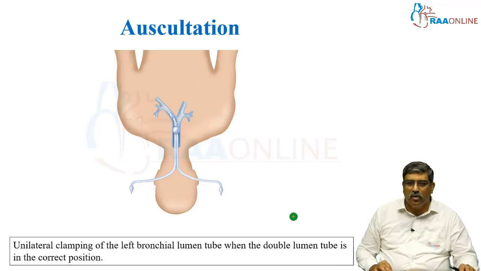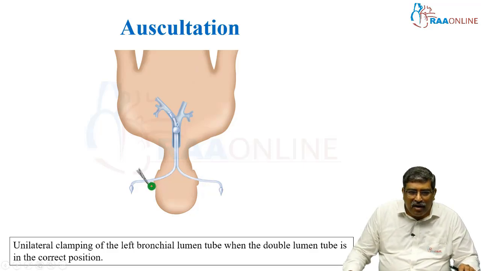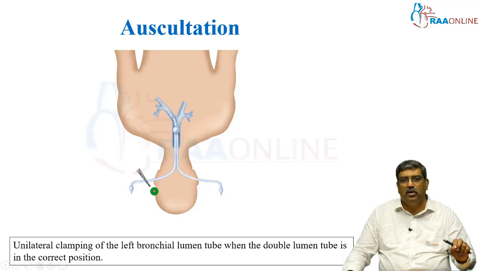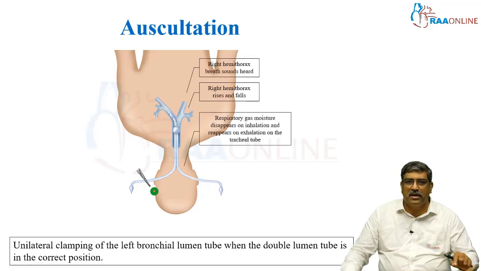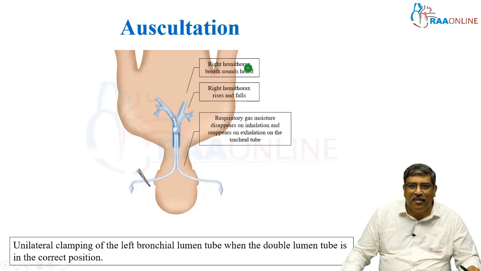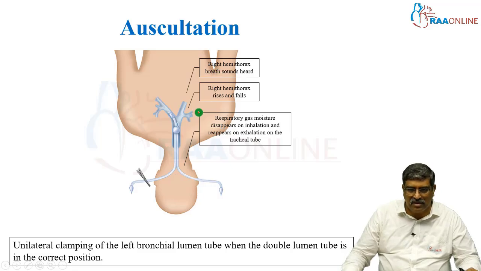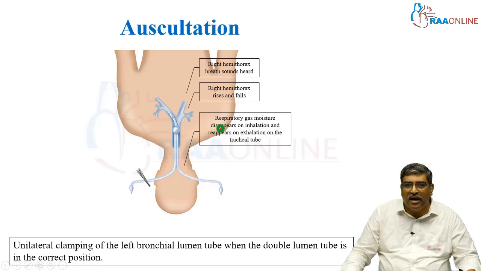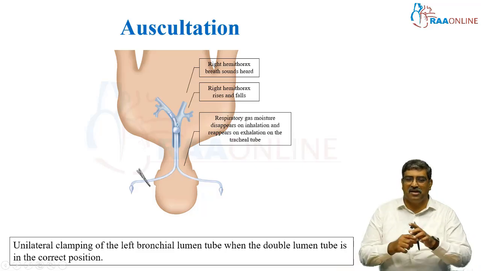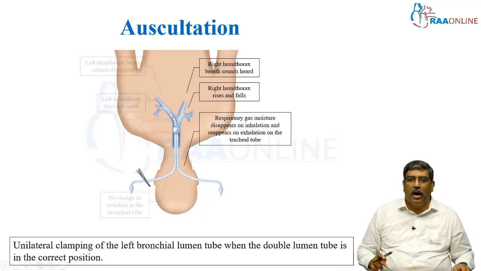Now I am going to clamp the left bronchial lumen. So what happens with the auscultation? Your right hemithorax breath sounds are heard, and this thorax will rise and fall. The right side will rise and fall, and the gas moisture disappears on inhalation and reappears on exhalation on the tracheal tube.